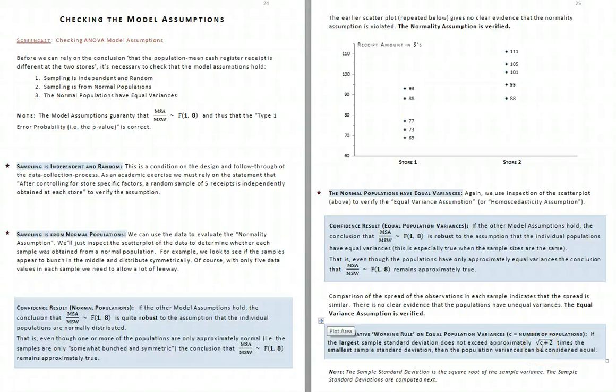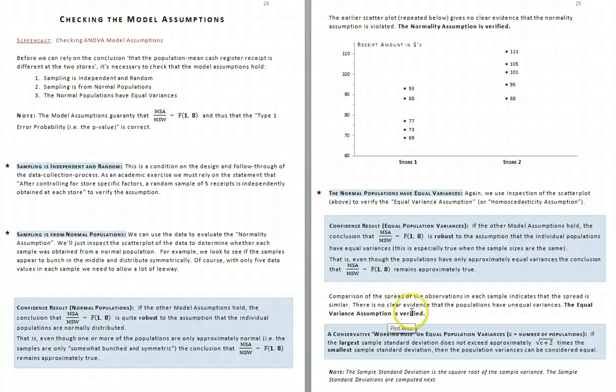Remember, C simply refers to the number of populations or the number of samples. They're the same that we're working with. In this case, we have only 2 stores, so C plus 2 is 2 plus 2, or 4. Square root of 4 is 2. In other cases, this number will be slightly larger.